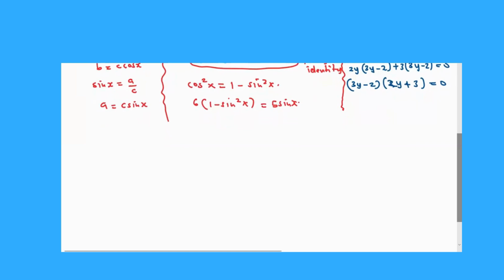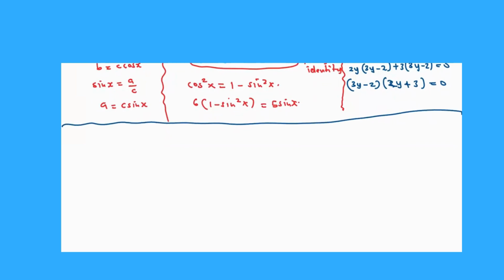So we'll get 3y minus 2 equals 0, therefore y is equal to 2 over 3. Then the other one, 2y plus 3 is equal to 0, so y is equal to negative 3 over 2, which is just negative 1.5.